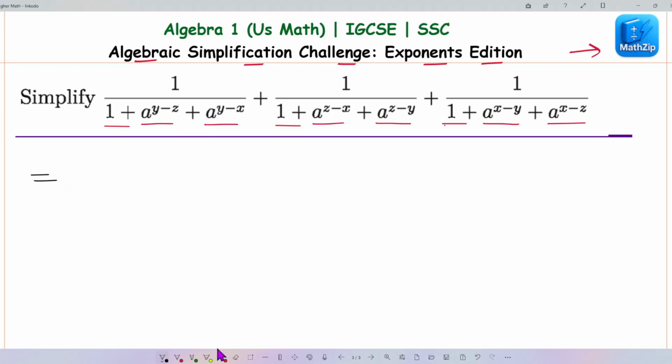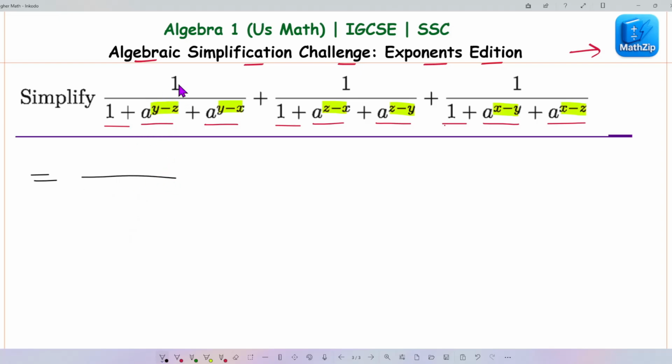Look here, 1 is okay, but here we have y minus z, y minus x, z minus x, z minus y, x minus y, x minus z, and we need to simplify this. So if we multiply by a to the power minus y, look, first we write this one.